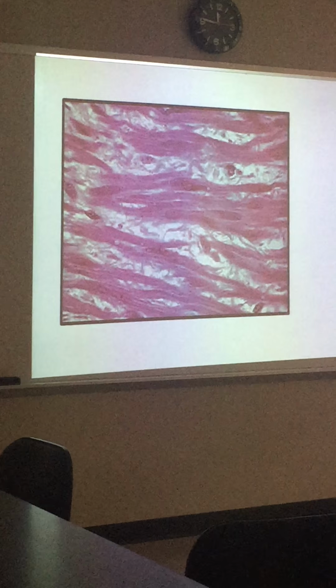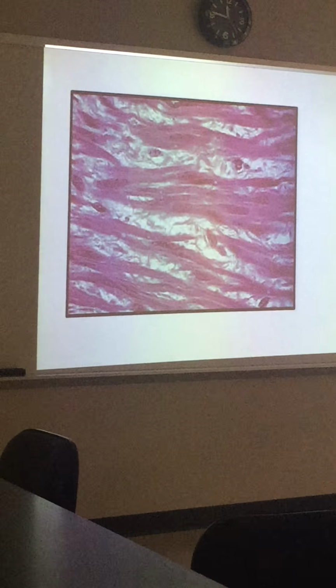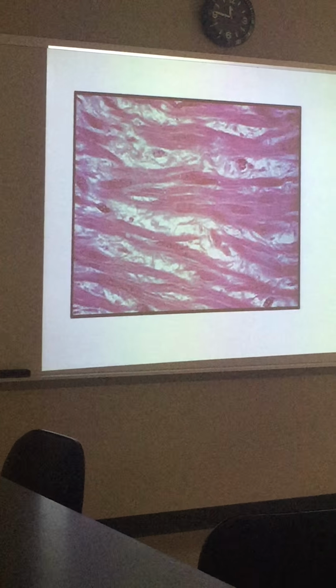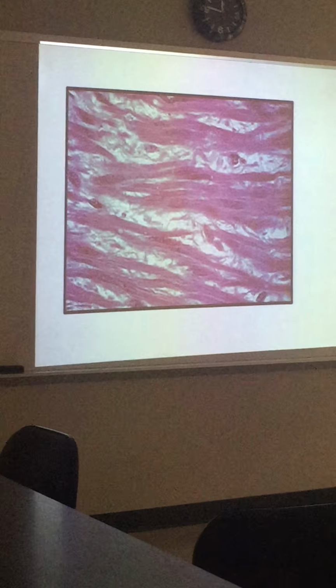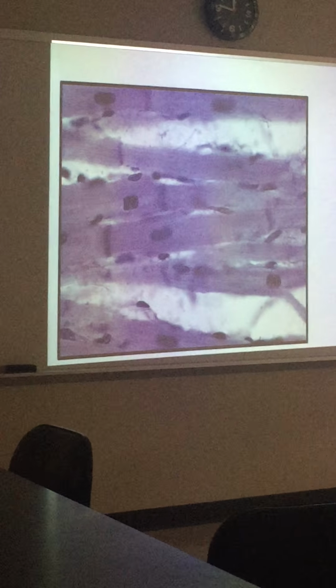This is smooth muscle. Big nucleus right in the middle, tapers to a point at each end, and there's going to be a good bit of connective tissue in between. But this is cardiac.